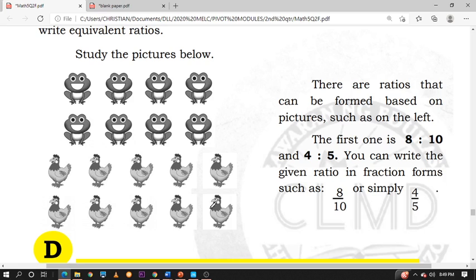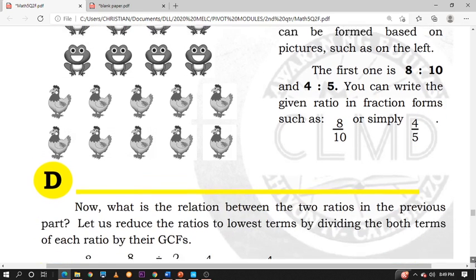So we can write it as 8 is to 10. By applying the GCF rule, we can simplify it to 4 is to 5. We can write it in fraction form, 8 over 10, still read as 8 is to 10, or simply 4 is to 5.